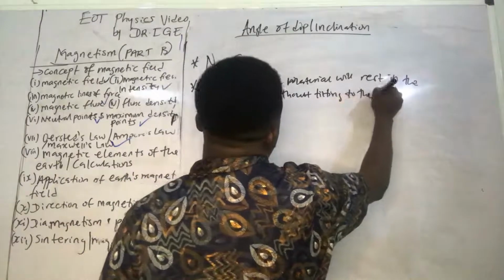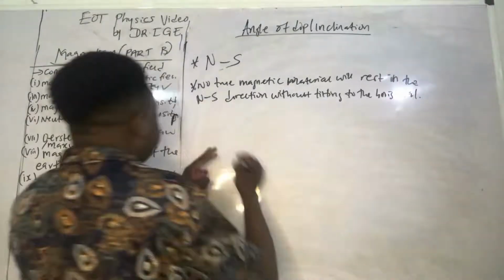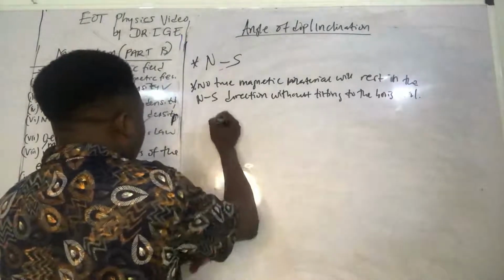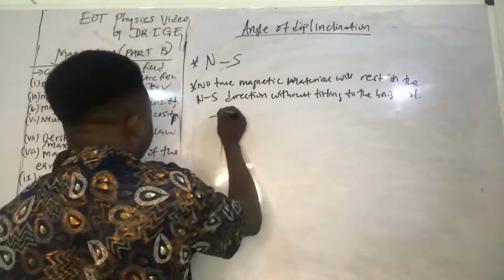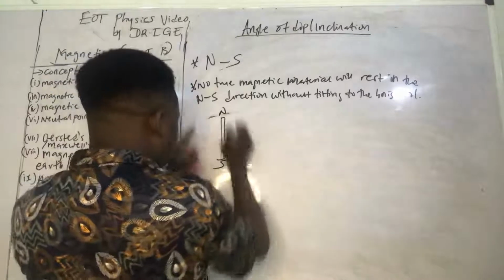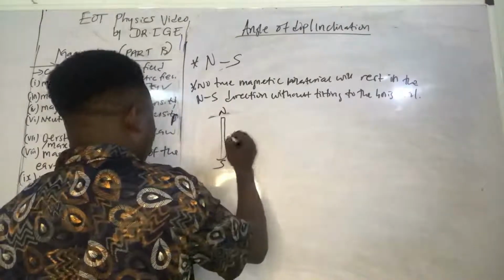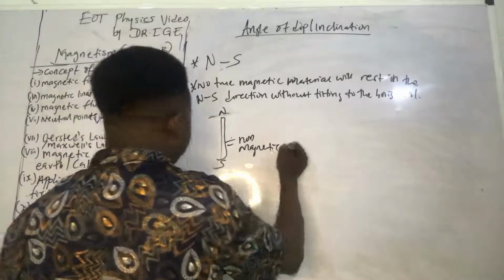to the horizontal. So for example, let's say this is a magnetic material. It's coming to rest just straight like this. This is non-magnetic, which means it's not really a magnetic material.